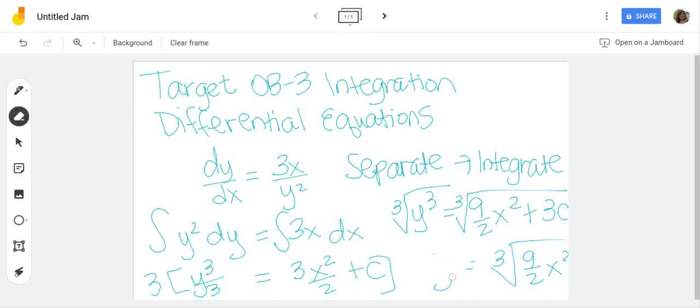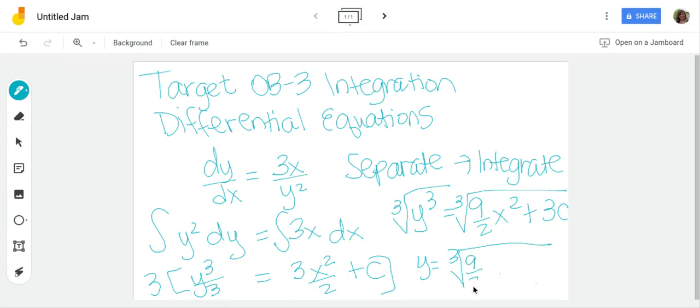Let me write a little smaller so I can get it all on the page. So that would be y equals the cube root of 9/2 x squared plus 3c. And so that's my answer, right?